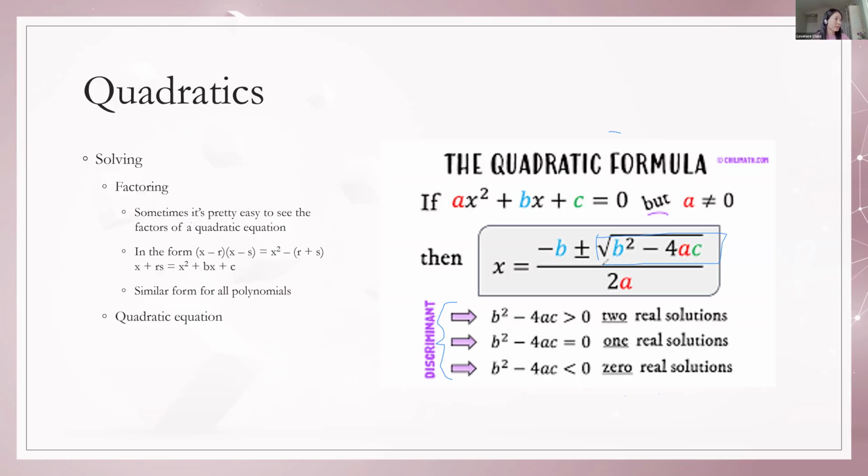If this part is negative, then you get two imaginary solutions. If this part is 0, then you get 1 because plus or minus 0 is the same thing, so it's the same root. And if it's positive, you get two real solutions because you can plus or minus something different.